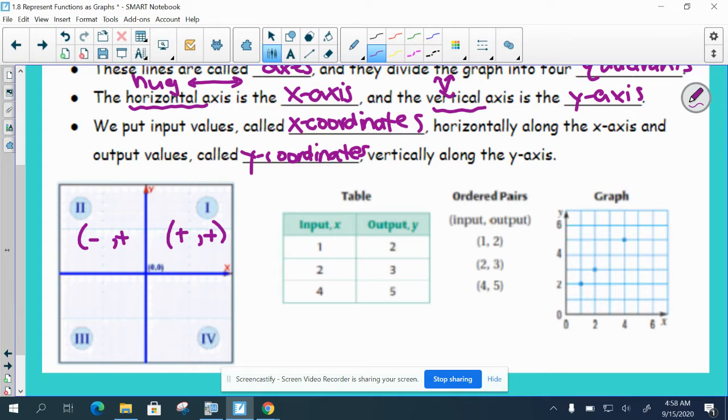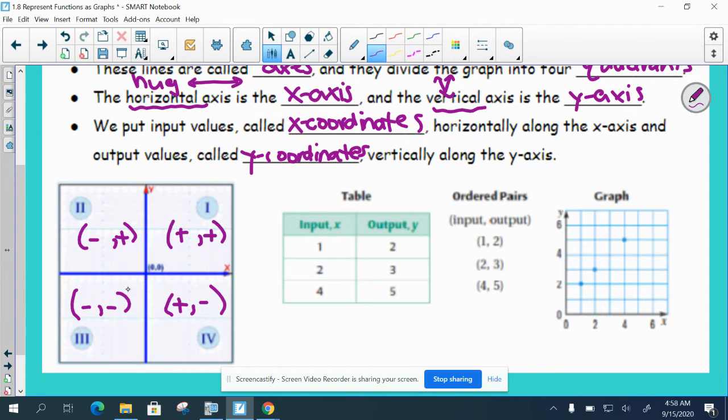Then if you go left and down, the third quadrant has both x and y negative. And then the fourth quadrant is a positive x and a negative y.